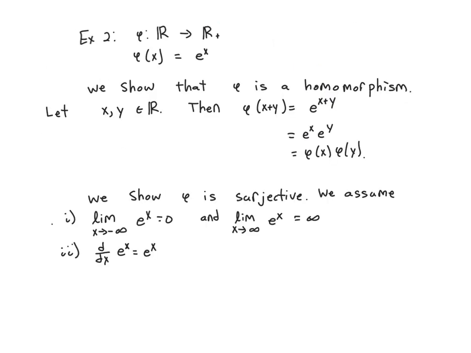Here's an example that's often given in textbooks, although most of the details are skipped. So the isomorphism goes from the set of real numbers to the positive real numbers. Here, the group structure is addition, and in the codomain, the group structure is multiplication.